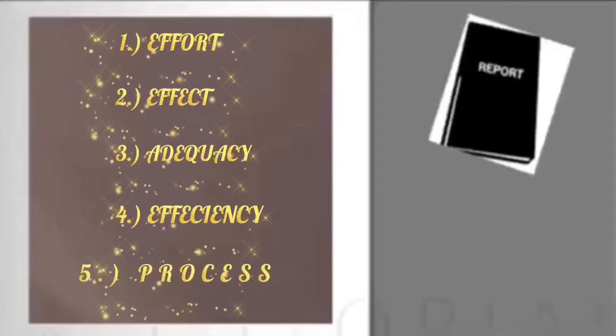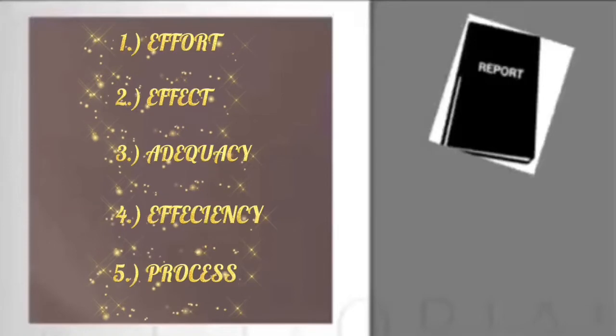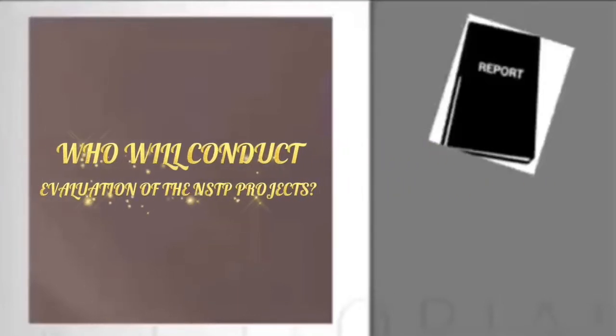The last one is process. In evaluating the NSTP project, one should answer the questions on how and why the project worked or did not work. It also responds to the question on how the different project inputs can be utilized to arrive at good outcomes. So the next one is who will conduct evaluation of the NSTP projects.